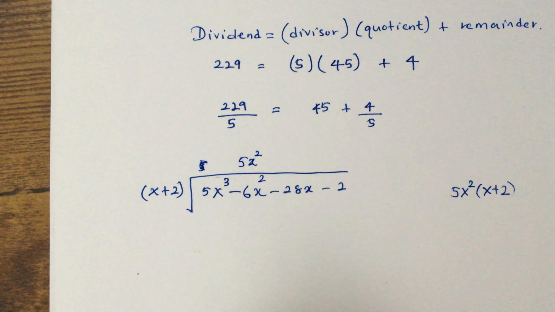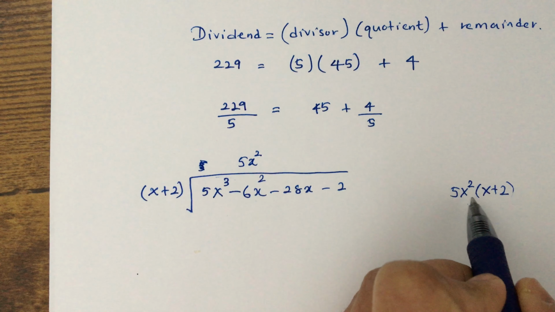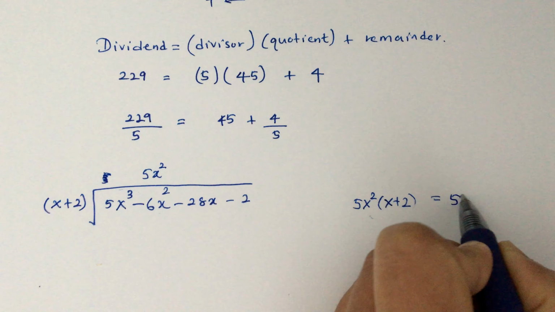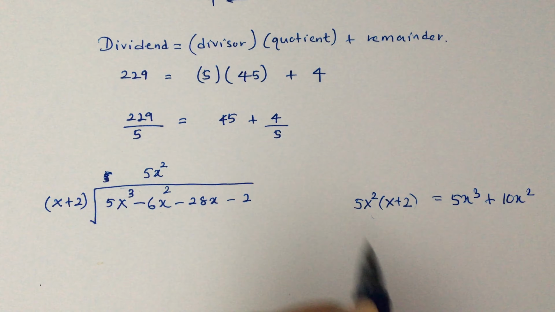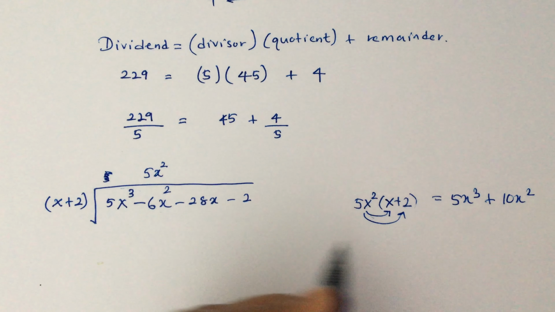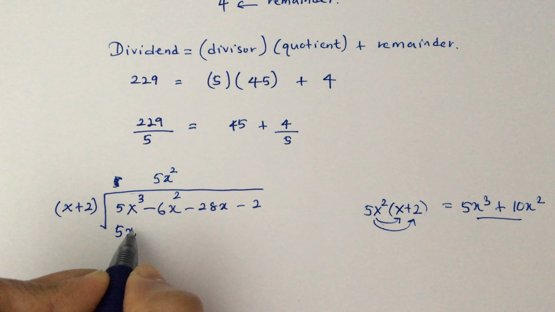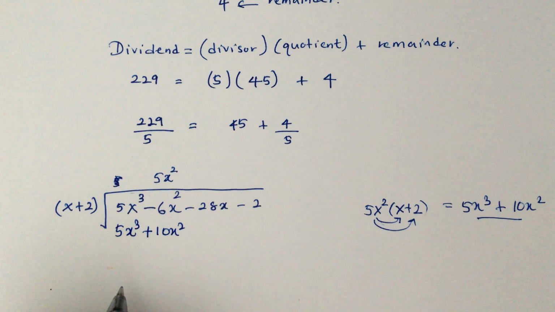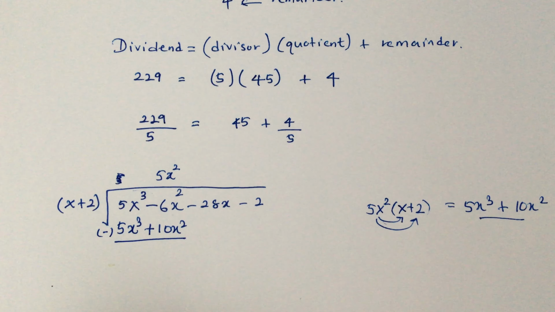So 5x squared. If you multiply x plus 2 by 5x squared, you get 5x cubed plus 10x squared, right? So you have to write down this one under this. Now you have to subtract, right? So we do subtraction after this.